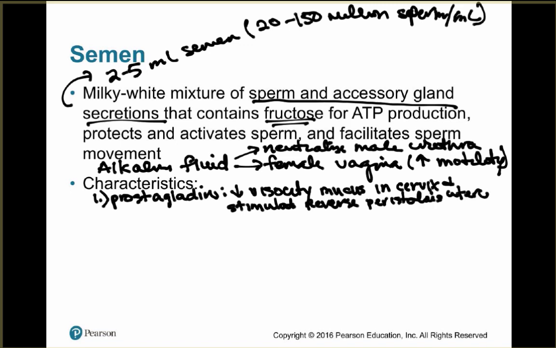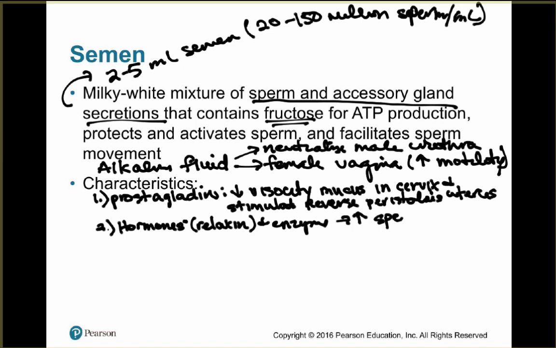So it's going to allow the sperm to move around better, and it's going to allow it to be moved up through the female reproductive system. Now, it contains different hormones, for instance, one known as relaxin, and other enzymes that basically enhance sperm motility.